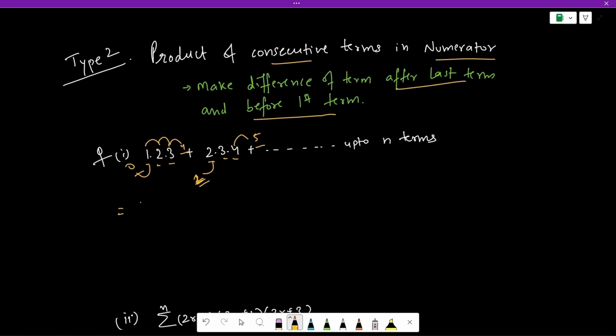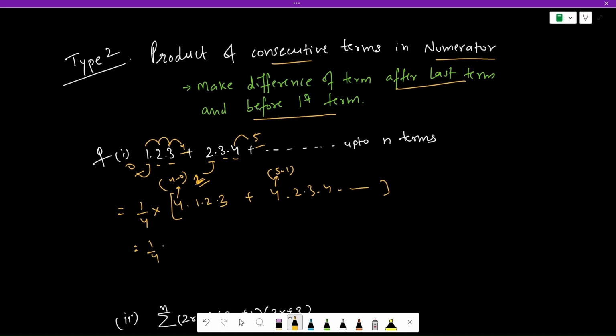So let me do it. 1 by 4 into 4 into 1 into 2 into 3 plus 4 into 2 into 3 into 4 and so on. Now the benefit of writing 4 here is that we will break 4 into 4 minus 0. Here we will break 4 as 5 minus 1 and so on.